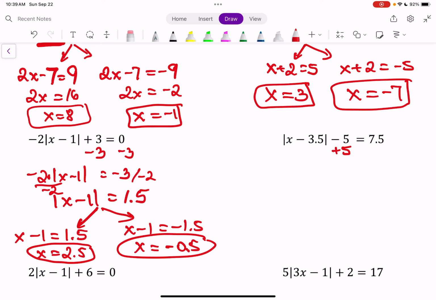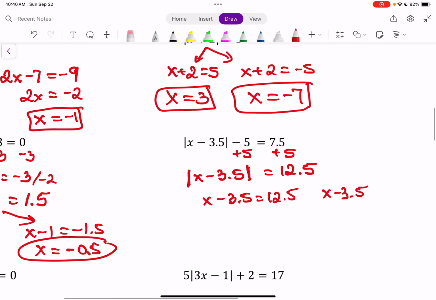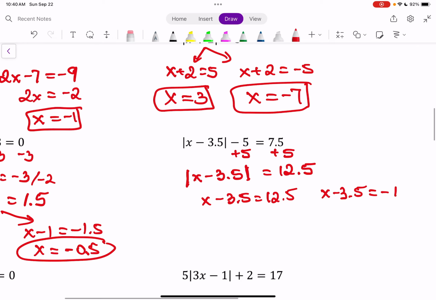So let's add 5. In other words, isolate the absolute value first before I get to translate what it means. And now that the absolute value is by itself, my two choices for x minus 3.5 are that it's either 12.5 or x minus 3.5 is negative 12.5.